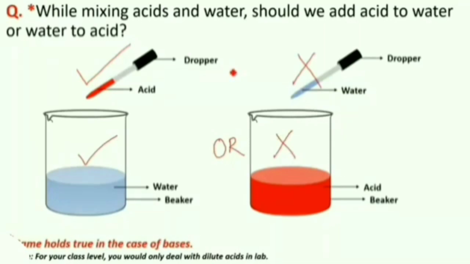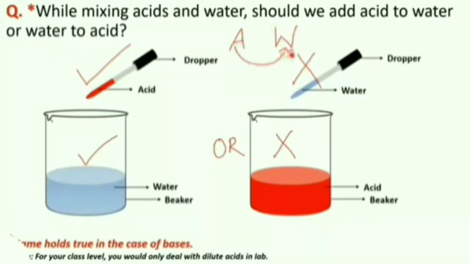Before we understand why so, let me tell you a simple mnemonic to remember this dilution process. That means we are going to add acid to water. The simple mnemonic is A, alphabet A comes first and later W. Like acid, A for acid and W for water.